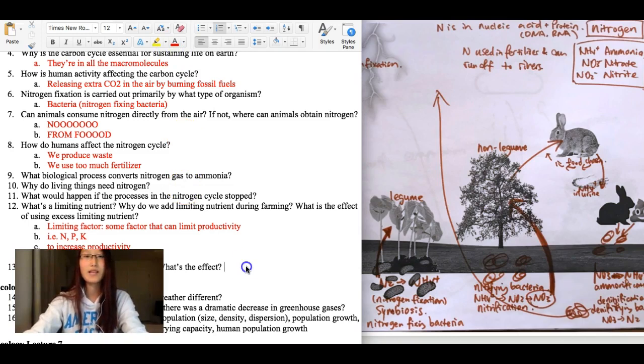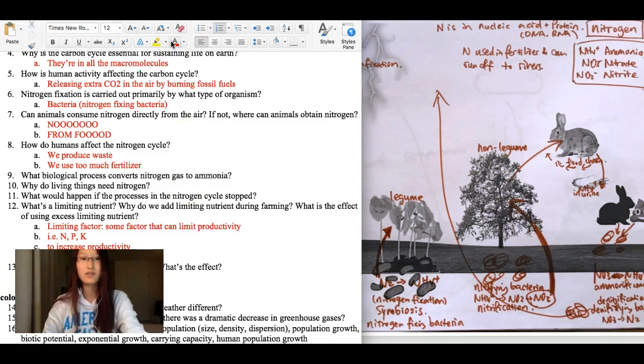So what is algae bloom? What's happening? We did this in class, right? If you have a lot of fertilizers, excess, which means extra fertilizer, eventually, if you have too much fertilizer, a lot of those fertilizers can be left in the soil, right?